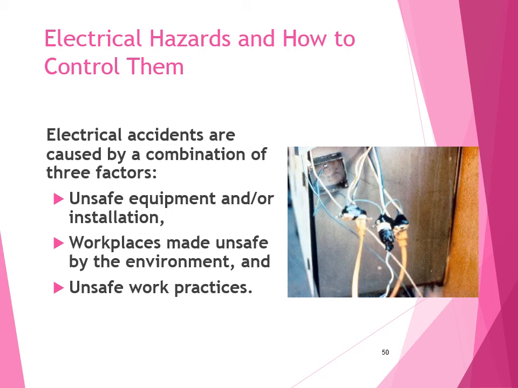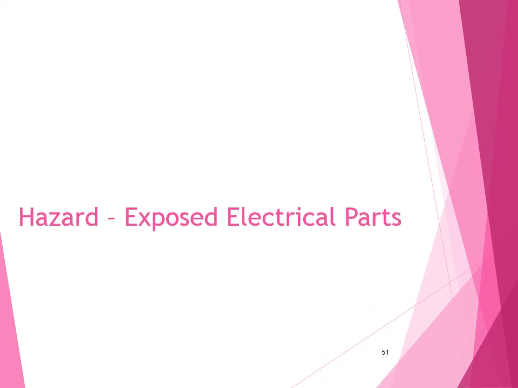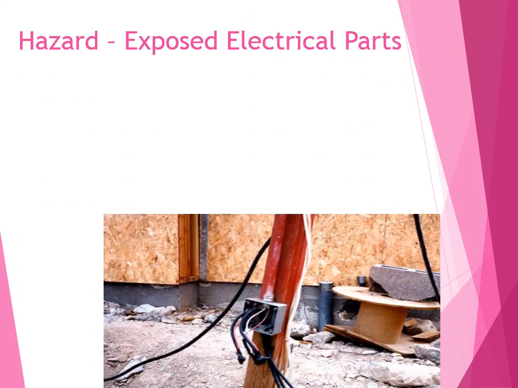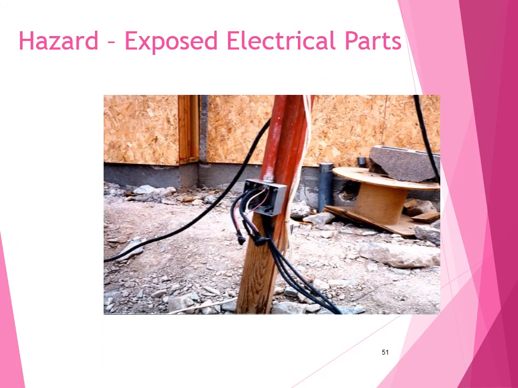See the images showing the joints not properly covered. It might give way and put you in a dangerous position. Exposed electrical parts. This image shows how you can accidentally touch exposed electrical parts and get electrocuted.